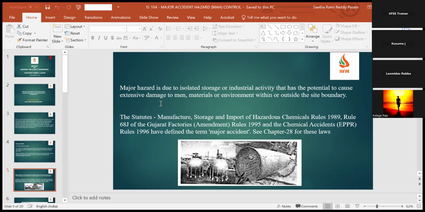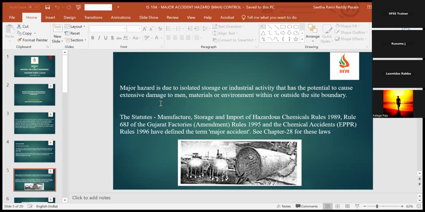Then also the industrial activity, your activity itself, creates a major hazard. So it has the potential. Here they are not saying that all your operations will lead to an accident, but it has a potential.